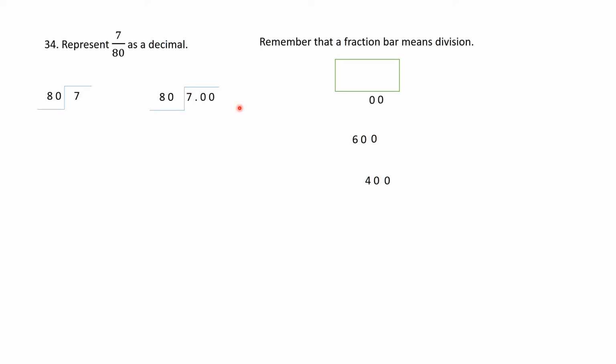Now, I want to make sure that I can divide this, because I know 80 is not going to go into 7. So I can put a decimal point and add as many zeros as I need to, and then perform my division. Here I've got 4 zeros after the decimal place.